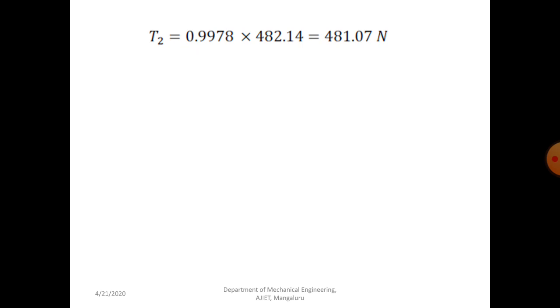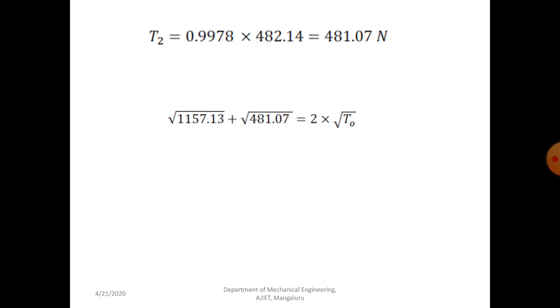Now with the help of the slack side stress, you can calculate the slack side tension, that is T2 equal to sigma 2 into area. Sigma 2 is 0.9978 into area 482.14, so you will get the slack side tension as 481.01. We already calculated T1. Now we have T1 and T2 values, so you can calculate one more tension, that is the initial tension in the belt.